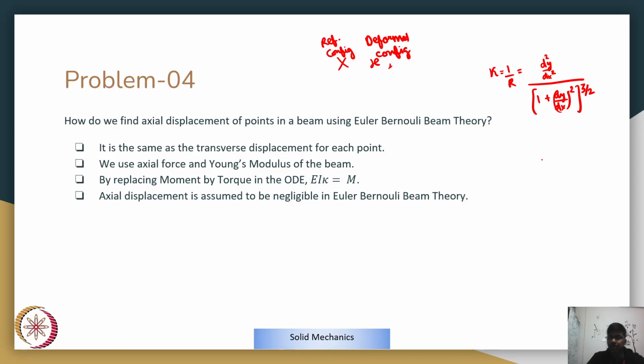In Euler-Bernoulli beam theory, instead of calculating dy by d small x, we actually calculate dy by d capital X, with the assumption that there is negligible axial displacement. So small x is approximately equal to capital X. This allows us to go to dy by d capital X. So for Euler-Bernoulli beam theory, axial displacement is assumed to be negligible.